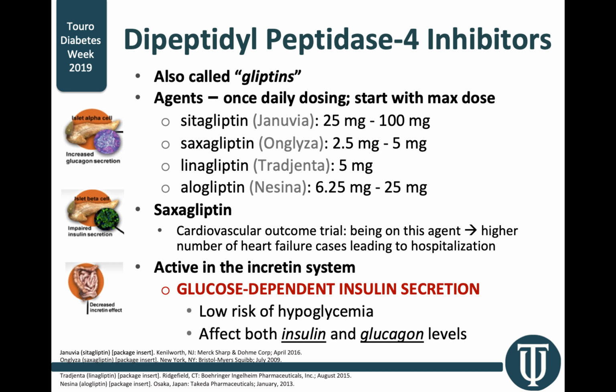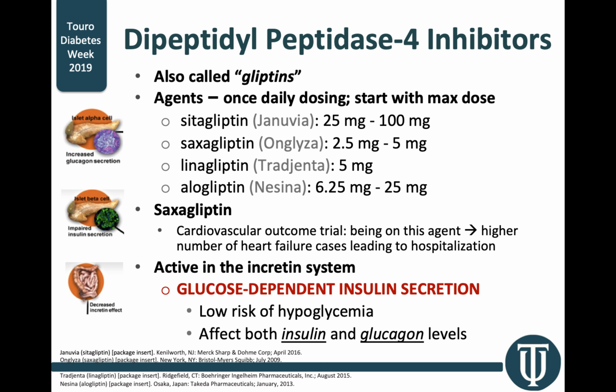So the underlying message here is if you encounter a patient who has any form of heart failure, do not use saxagliptin. In terms of how DPP-4 inhibitors secrete insulin, this is pretty cool. They secrete insulin through a glucose-dependent manner.